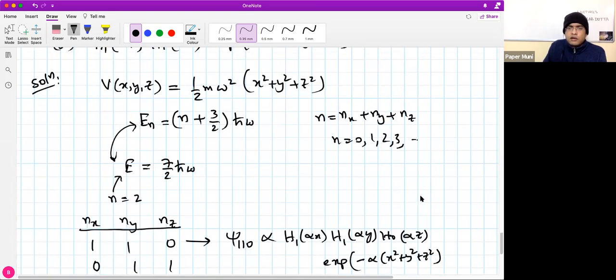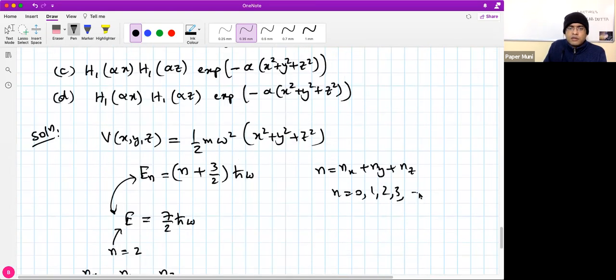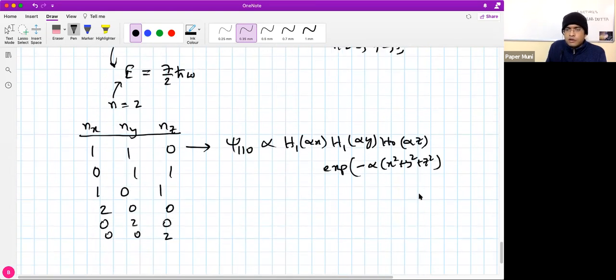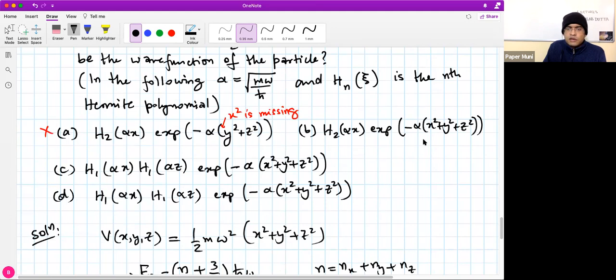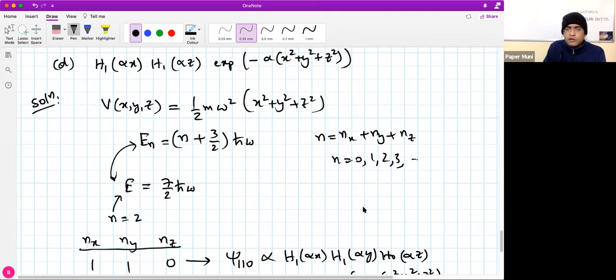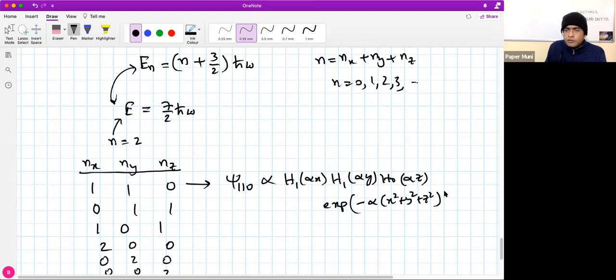There should be some 2 also here, but never mind, we can adjust the constants into alpha. We have to make sure the form is correct. So this is the form.